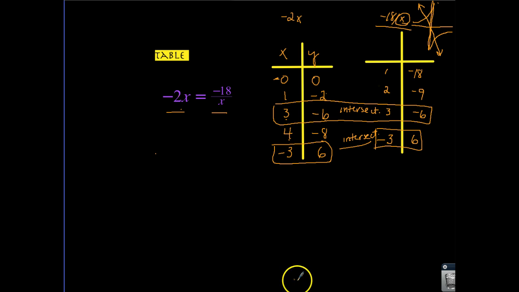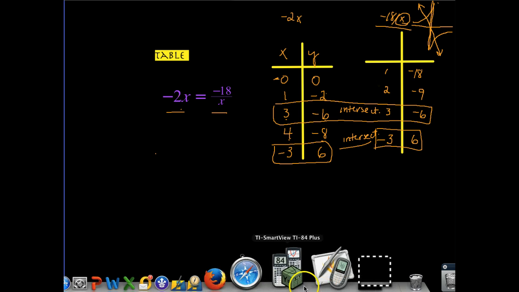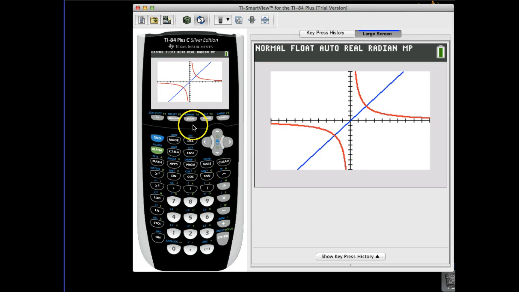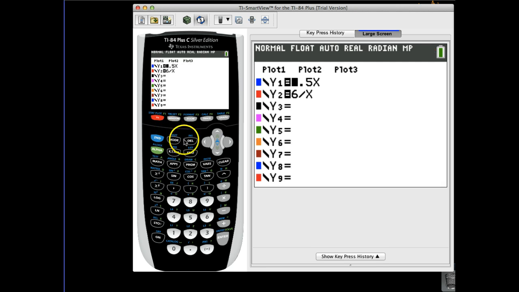Now, just for fun, and because I can, I'm going to graph it. So let's go back to our y equals. We're going to clear this one, go down, and clear that one. And we're going to say negative 2x, and then down here, negative 18 divided by x.